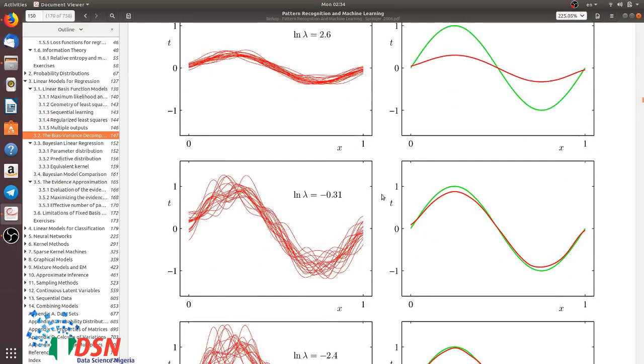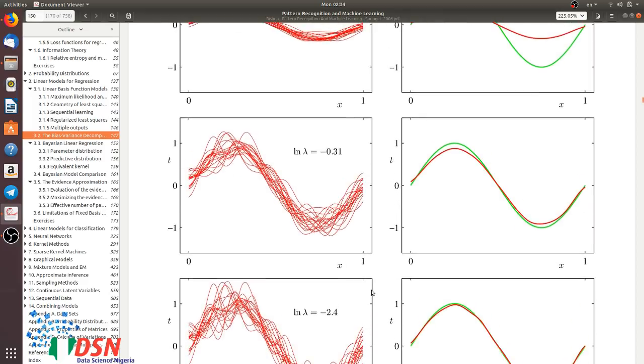In here, as you could see, with decreasing the value of lambda, now the variance of the model increased and the bias is decreased.